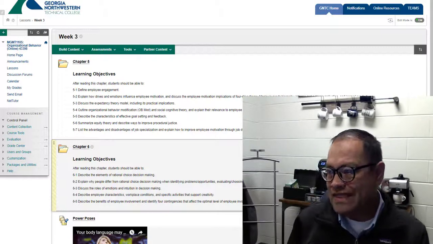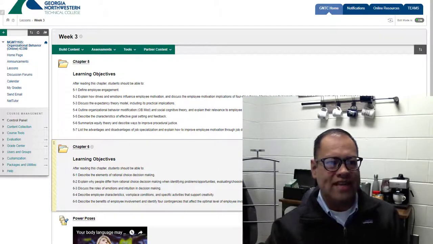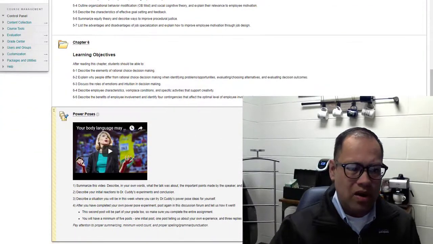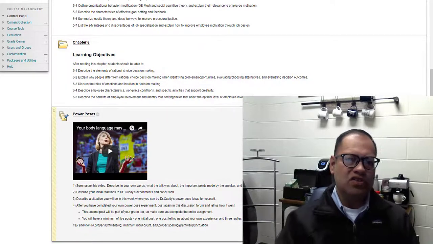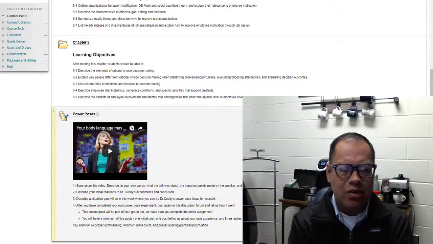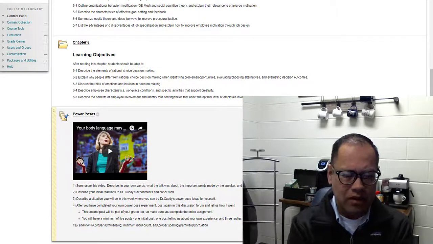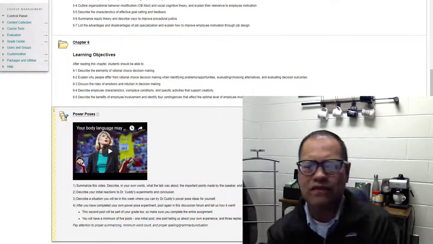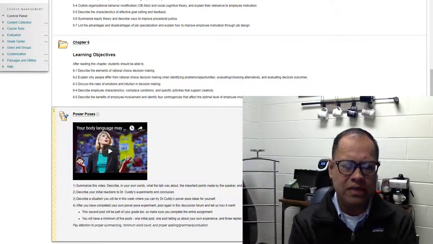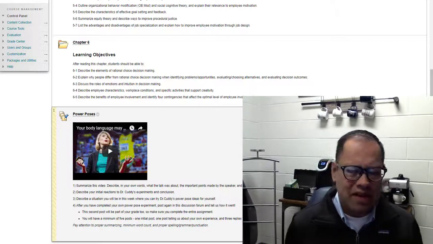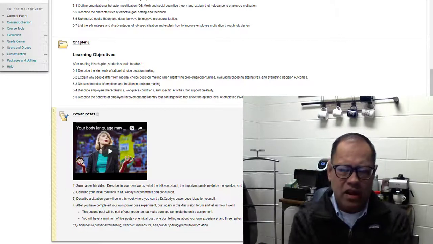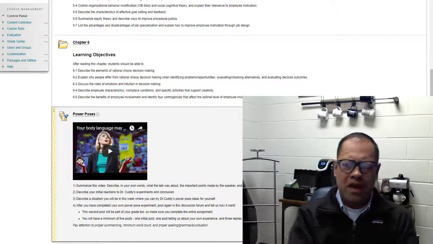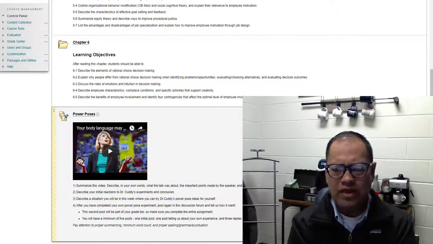Now, since we're an organizational behavior class, we're also going to talk about something in our discussions called the power poses. This is a great study that was conducted by Dr. Cuddy, which was really phenomenal, because it's something we've talked about in other areas of business: fake it till you make it. It's one of the concepts that we've had. And you dress the part you want to become, all those different things. And where does that come from?